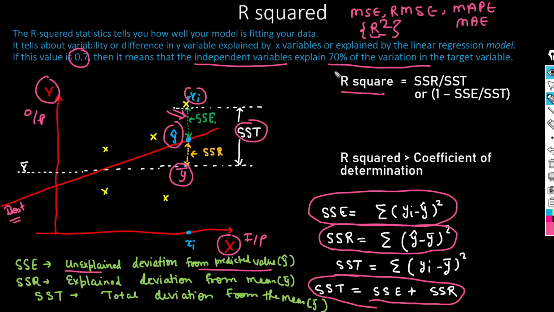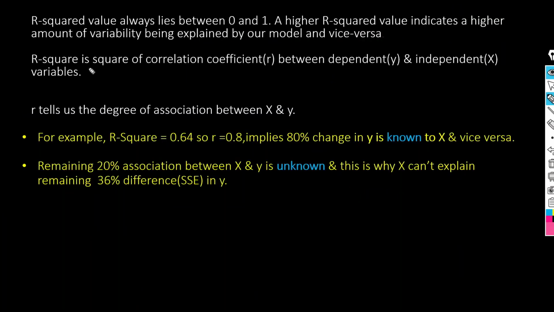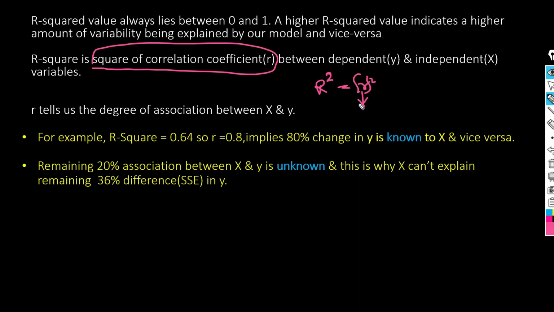So this is the R squared formula. We also call R squared the coefficient of determination. R squared is also the square of the correlation coefficient, R. So the square of the correlation coefficient is called your R squared.